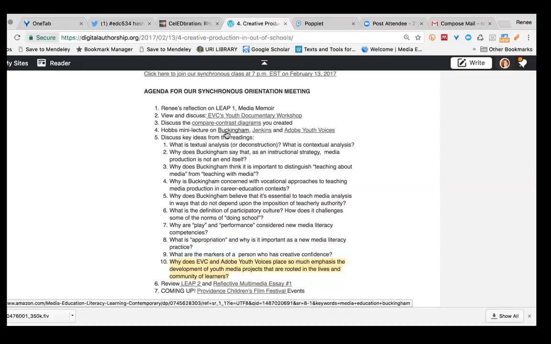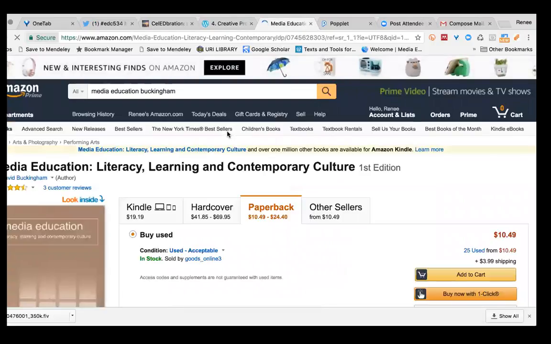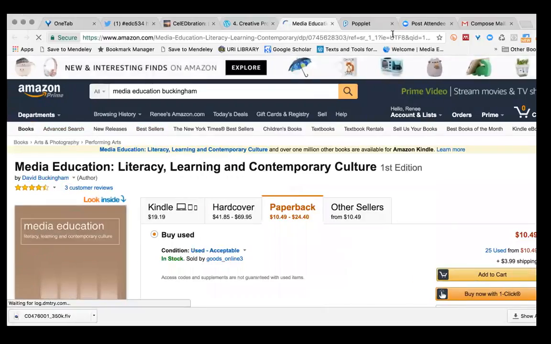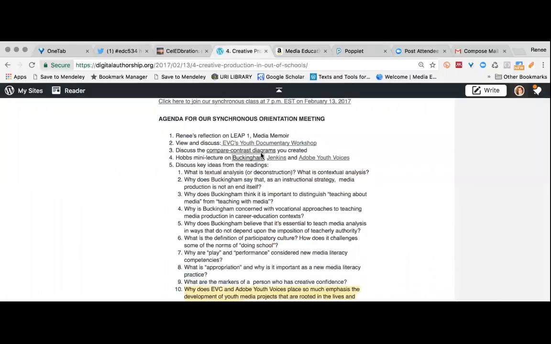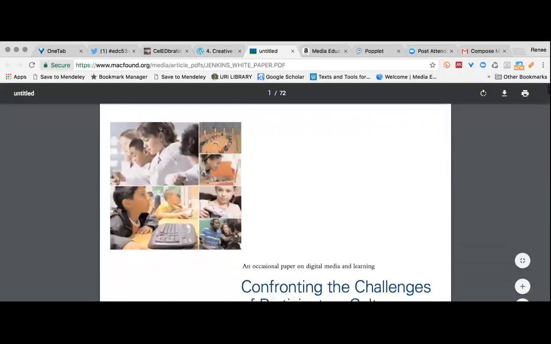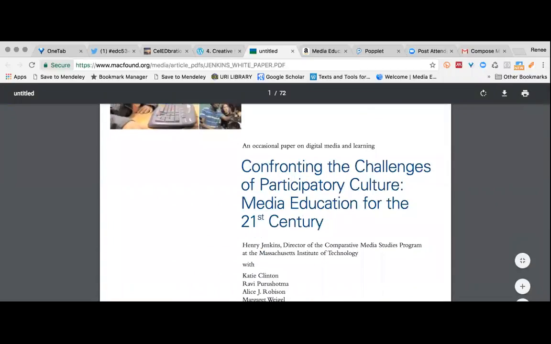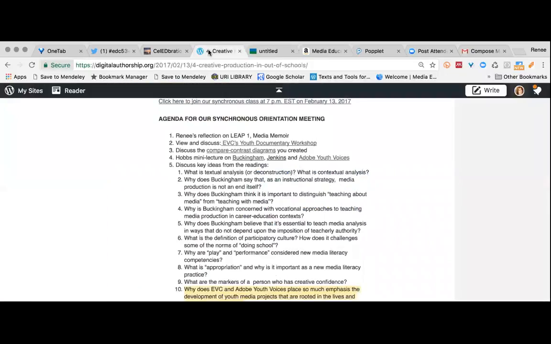So as you work with your team, feel free to open up your media education book. Feel free to refer back to the Jenkins white paper, Confronting the Challenges of Participatory Culture: Media Education for the 21st Century.